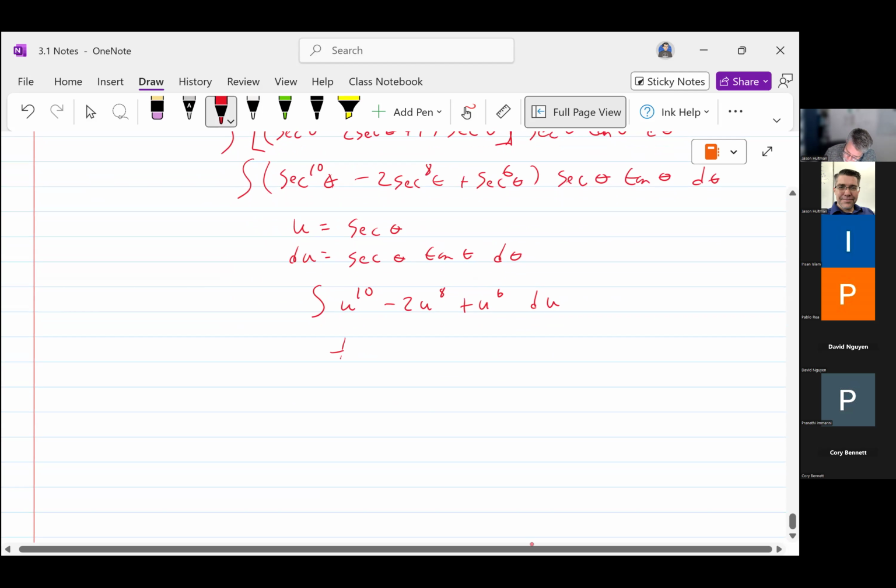So this becomes 1/11th u to the 11th minus 2/9 u to the 9th plus 1/7 u to the 7th plus c. And now let's just plug in what u was. That's 1/11th secant to the 11th minus 2/9 secant to the 9th plus 1/7 secant to the 7th plus c.